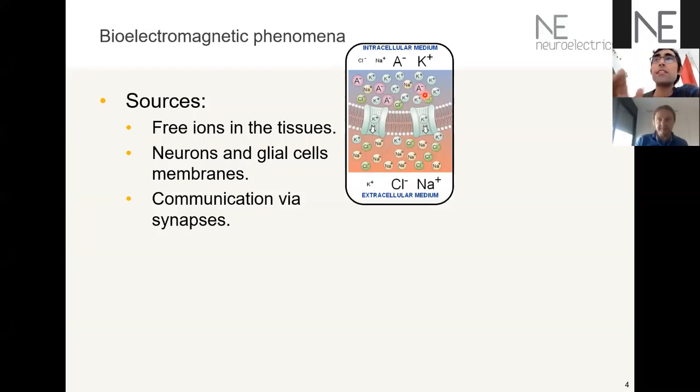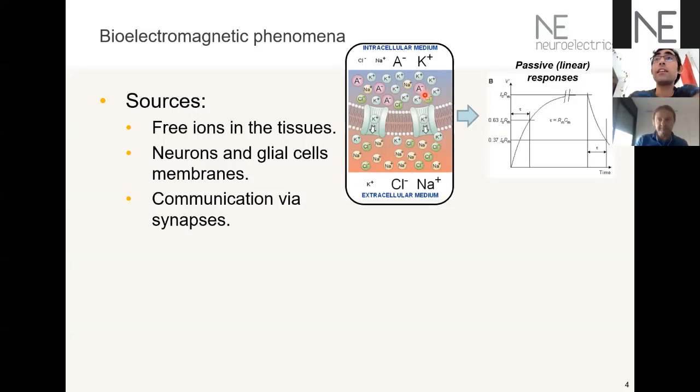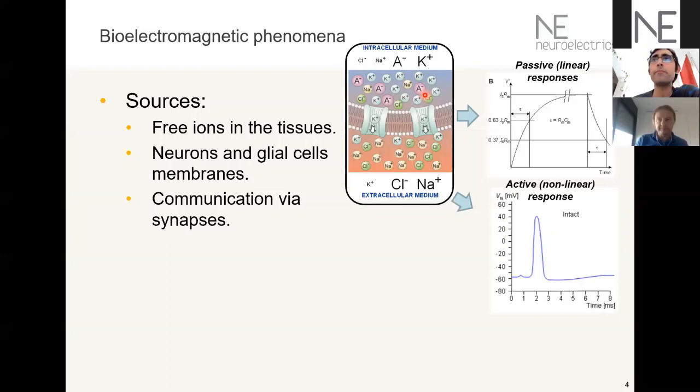And they can generate different types of responses. They can generate passive responses, which are similar to the charge and the discharge of an RC circuit, so a circuit with a resistor and a capacitor. They can generate active responses. These are also known as action potentials, so nerve impulses that can propagate along a neuron without attenuation.